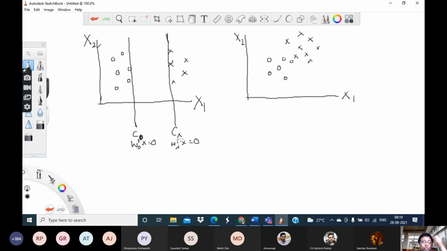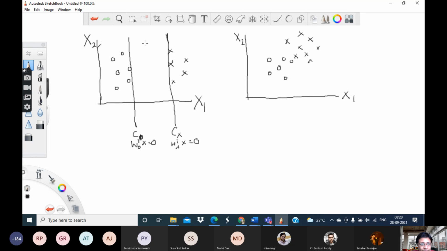Okay. So you definitely agree that these two indeed do separate the different classes into two sides, right? Like here, as you can see, all the circles are on one side, all the crosses are on the other side. In this case, all the crosses are on this side, all the circles are on this side, right?